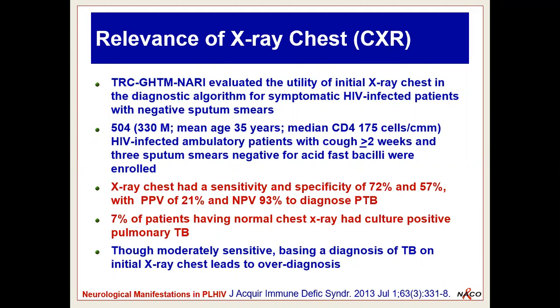So if X-ray can be associated with symptoms or other positive findings, like sputum smear positivity, the sensitivity would increase. But otherwise, you typically have a sensitivity and specificity of 72% and 57% in HIV TB co-infected cases. Next slide, please.